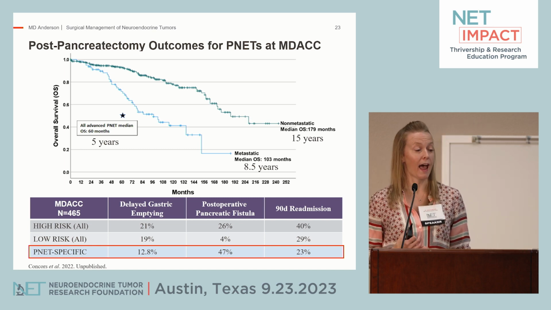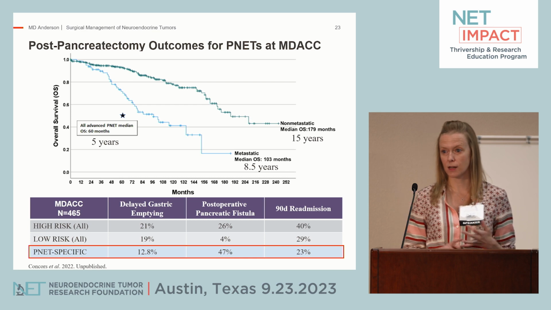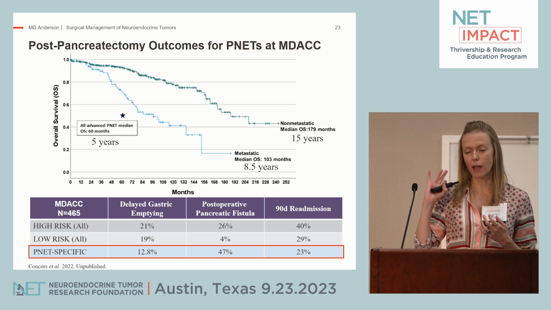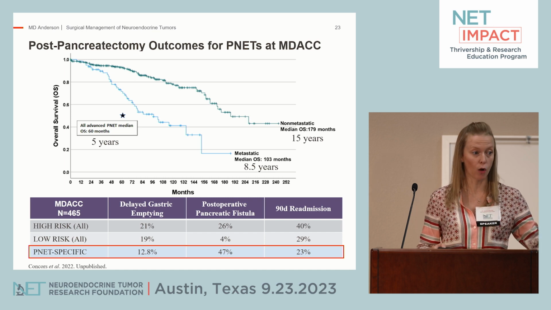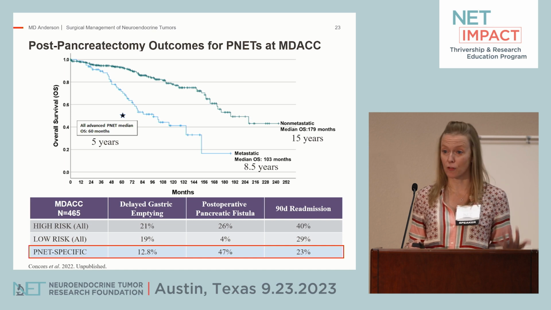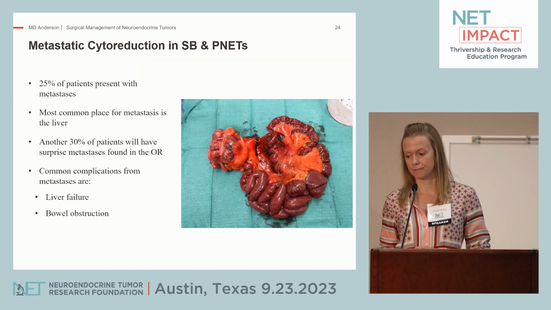And that can wreak a lot of havoc with your recovery from this operation. And so we have to think very carefully about when and in whom we offer these operations, even though there are a lot of good reasons to offer the operations in the right situation.